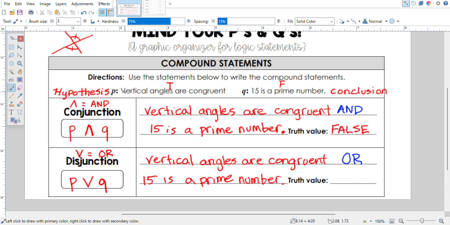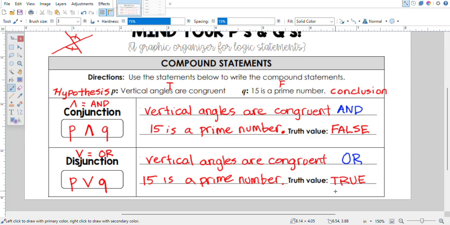And remember, vertical angles are congruent. That is a true statement. Or 15 is a prime number. That is a false statement. But here we only need one of them for the whole thing to be true. So the truth value here is true because one of them is true.